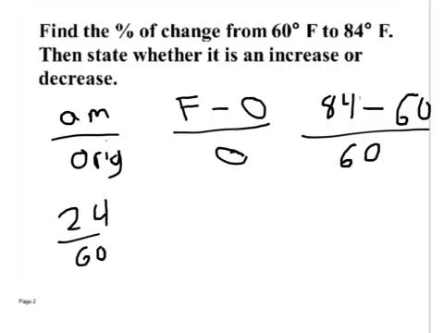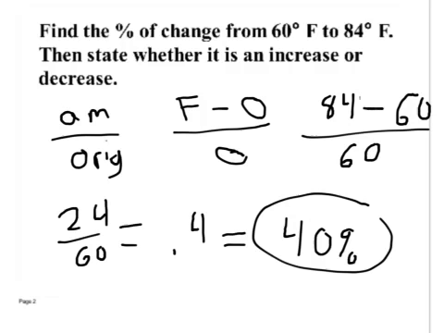So we take 24 over 60. Now that's how we find our percent change. That gives us 0.4, which we need to change to 40%. So the temperature from this morning to this afternoon increased by 40%.